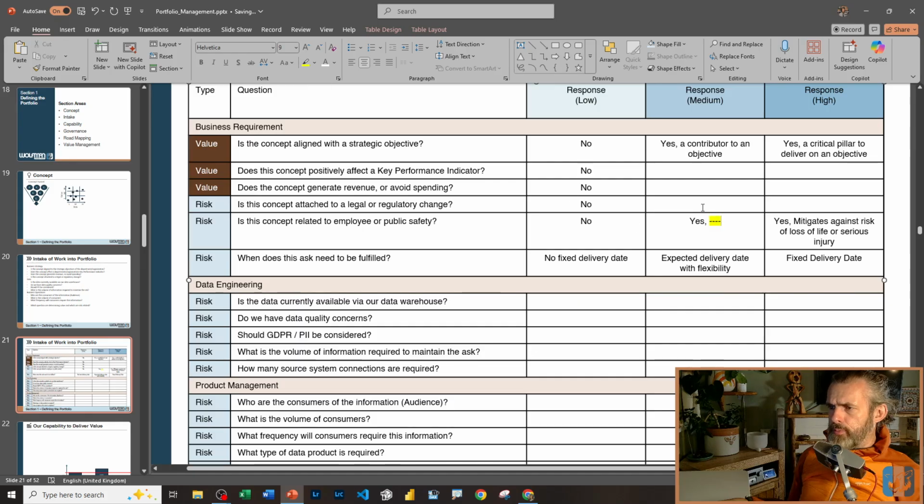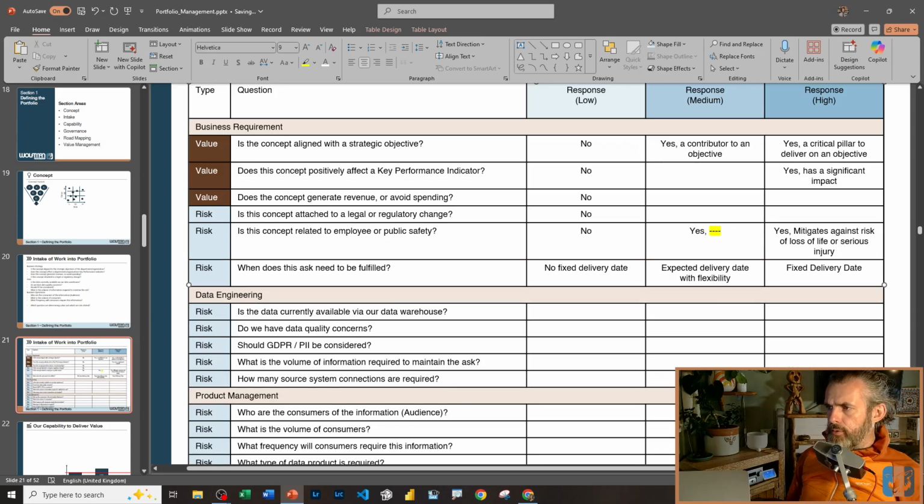Drawing a blank. Okay. Does this concept positively affect a key performance indicator? No. Yes. Has a significant impact.